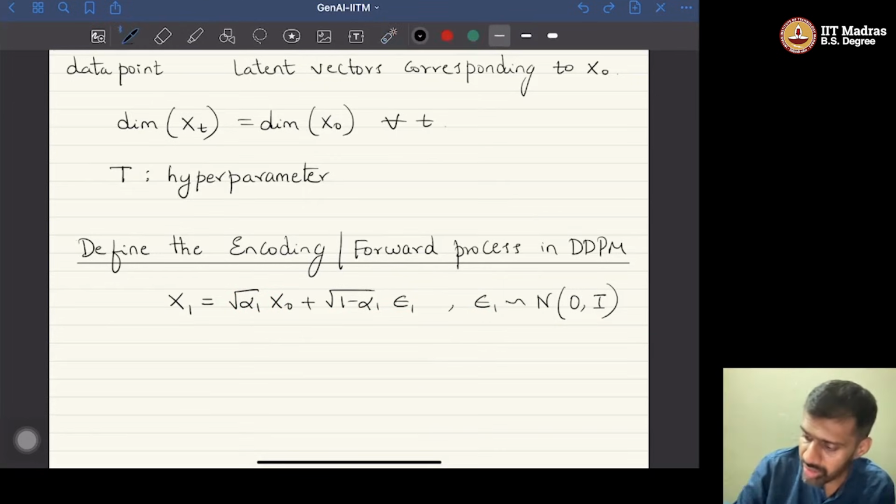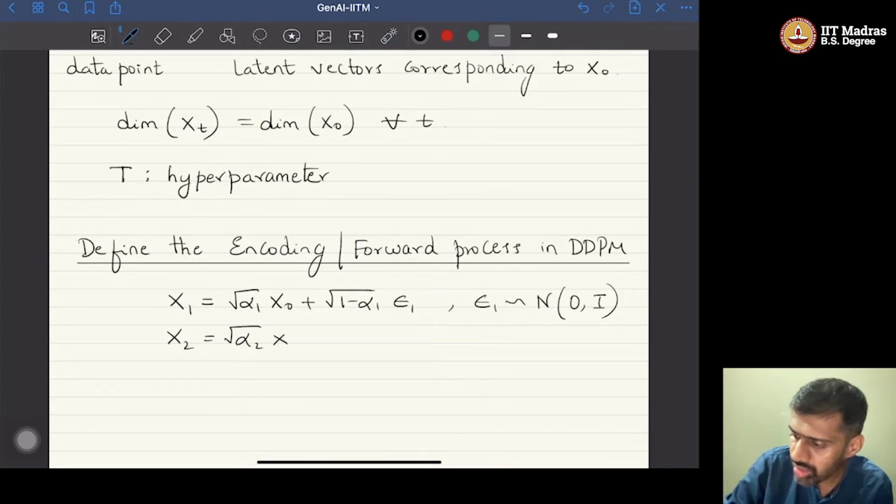We will do this iteratively. So now x2 will be root of alpha 2 times x1 plus root of 1 minus alpha 2 times some epsilon 2, where epsilon 2 is again drawn from normal 0, 1, and so on.